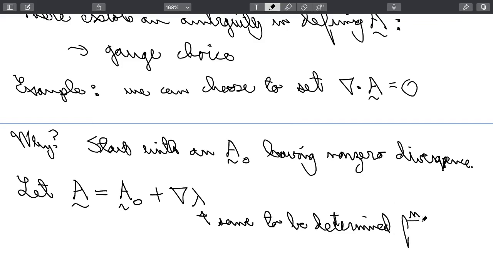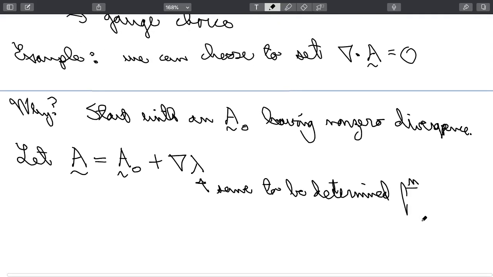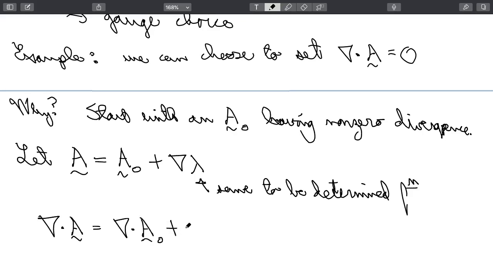All right, so why does this work? Well, first of all, if we take the divergence of A, this is now the divergence of A0, plus just the Laplacian of this extra function lambda that we have.